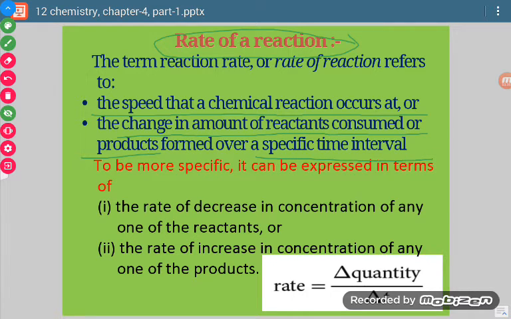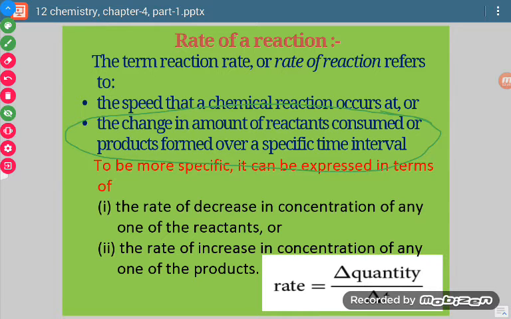Okay, what is the meaning of this line? It means that we have to see in how much time how much change has occurred. If we are taking reactants, then change will be consumption of reactants, and if we are seeing products, then it will be formation of products.